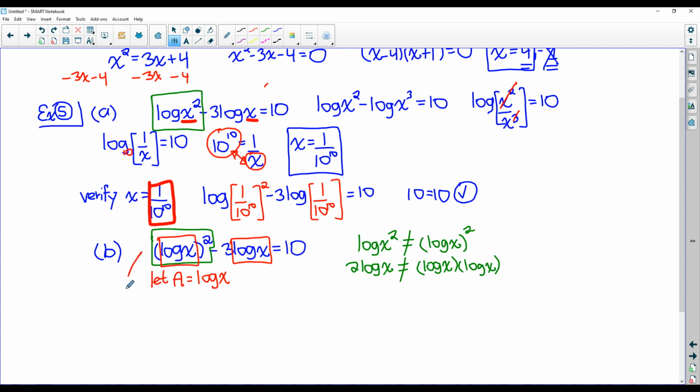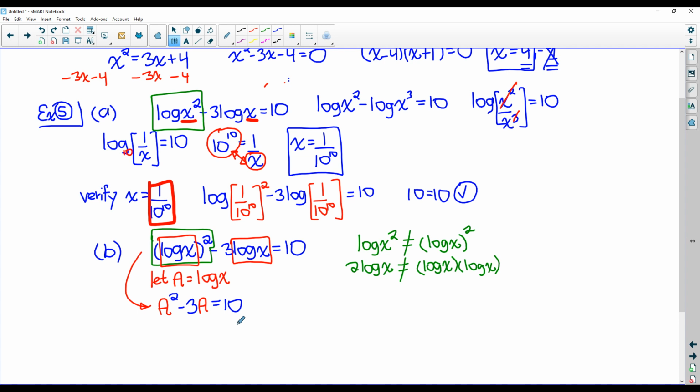So now, if I rewrite this equation with that substitution, it would be a squared minus 3 times a is equal to 10.